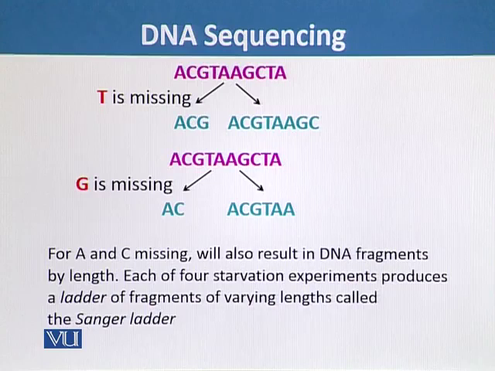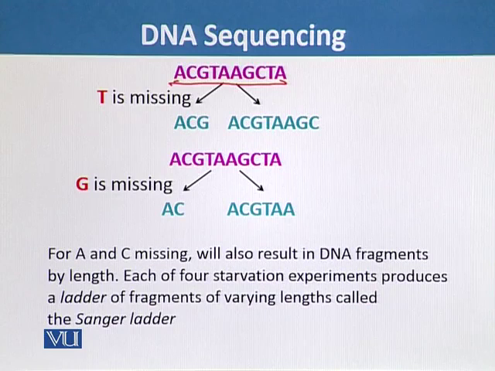For example, if this is the fragment ACGTAGCTA, then we can produce different fragments of different sizes if we limit one of the 4 nucleotides.